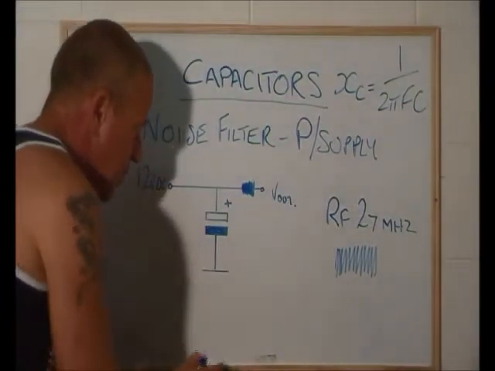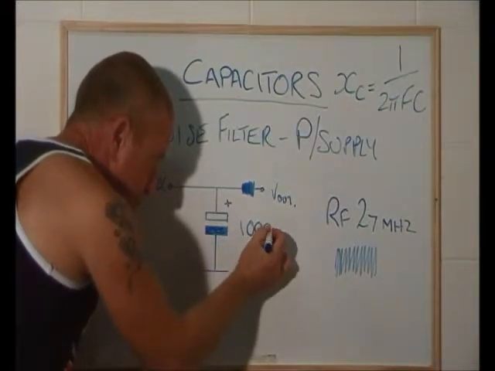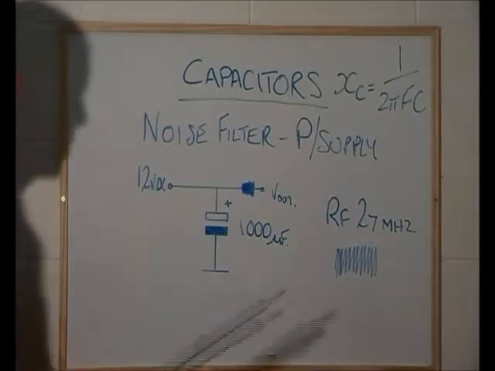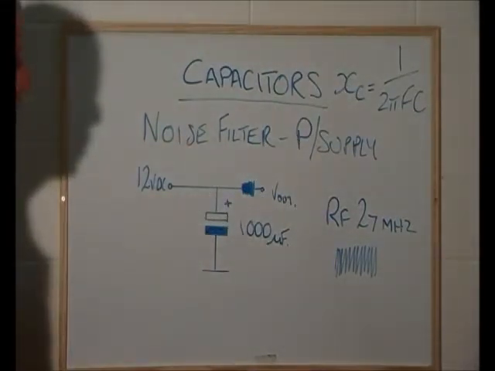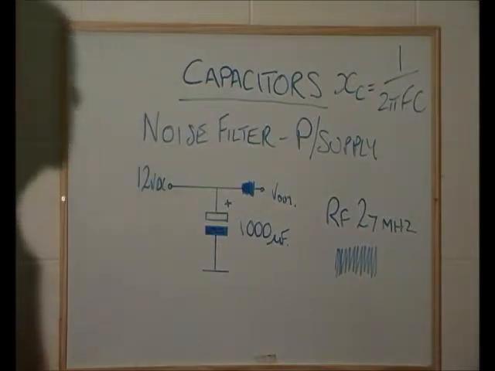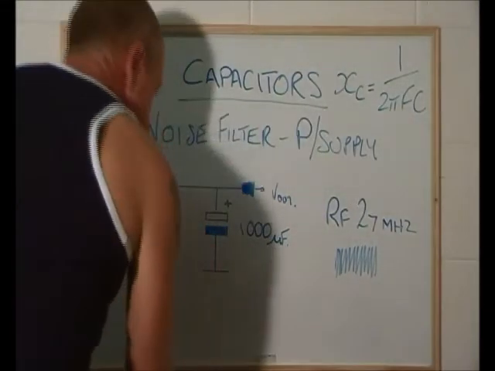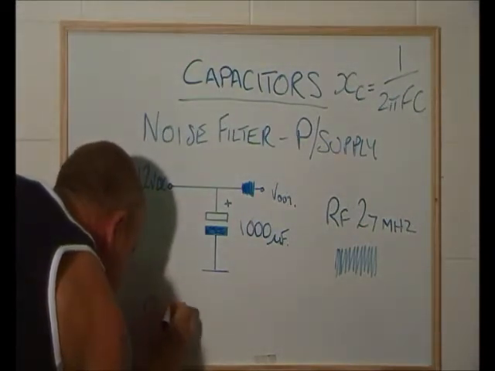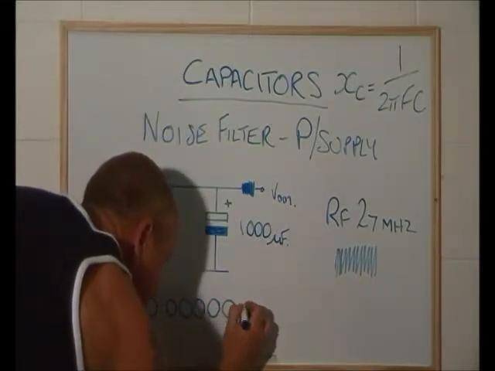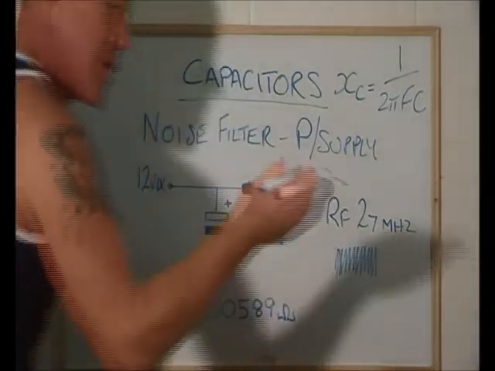So if we place this capacitor in, and we made it a 1000 microfarad capacitor, and we put it into our formula, XC equals 1 over 2 pi F C, where F is 27 megahertz, or 27 million, and C is 1000 microfarad, we would come up with 0.0000589 ohms for XC.